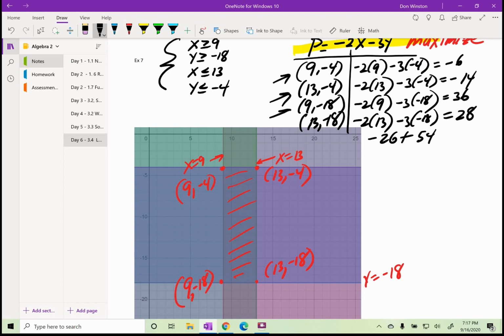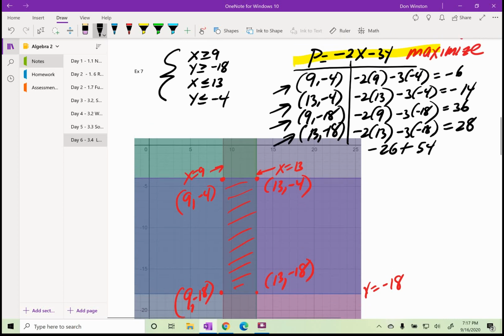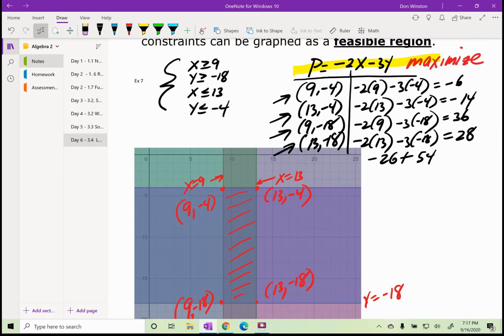So we take those 4 corner points, that you see there, okay, and we'll evaluate them in our objective function. Our objective function was to maximize -2x minus 3y. So I'll take -2 times 9 minus 3 times -4, I get -6. I'll take -2 times 13 minus 3 times -4, I'll get -14. I'll take -2 times 9 minus 3 times -18, I get 36.